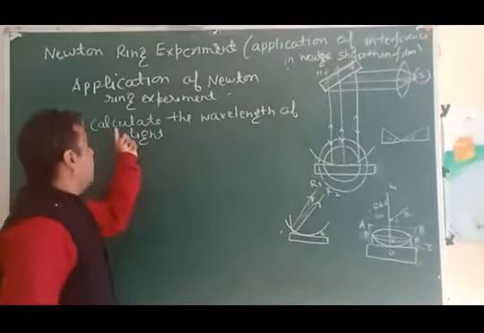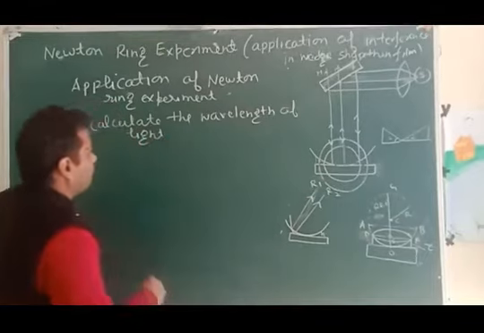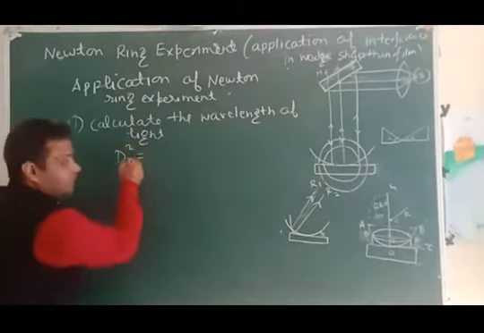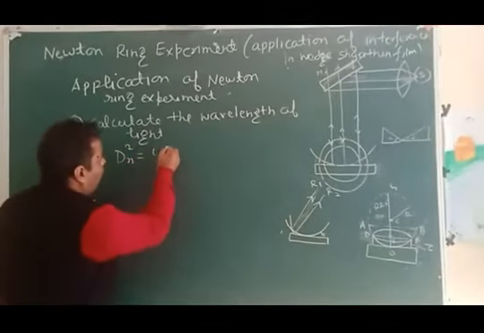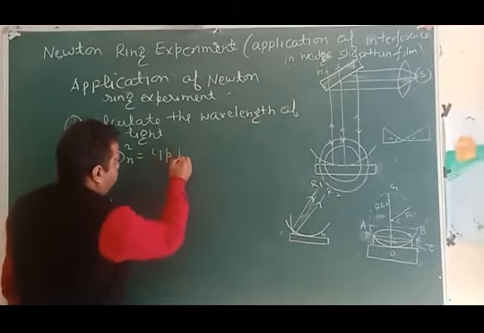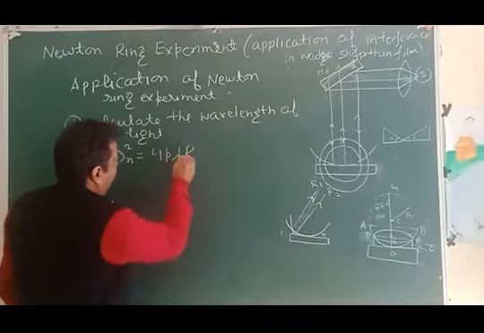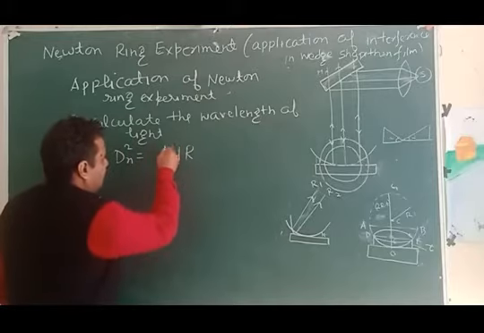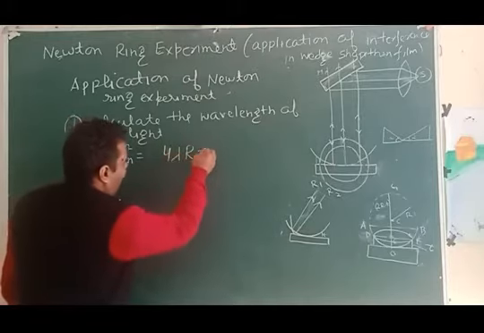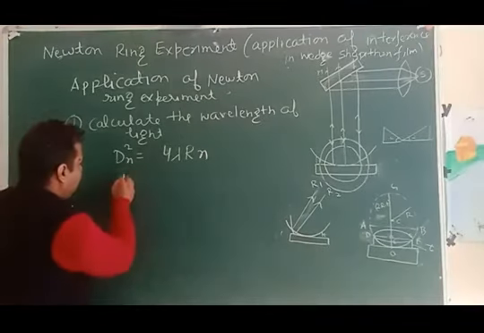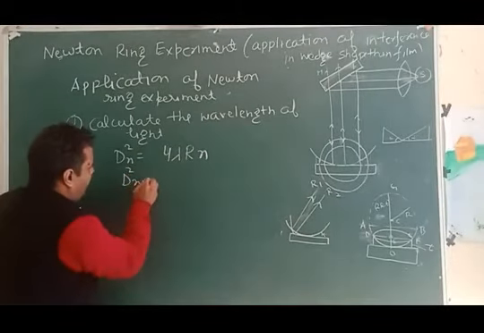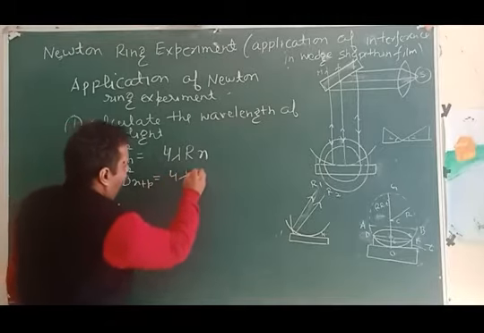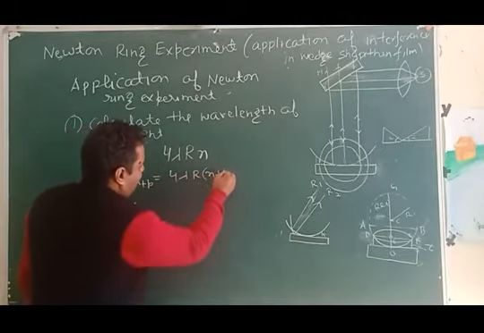Now we have calculated the wavelength of the light. Now the diameter of the nth dark fringe is 4 lambda r n. Understand? And the diameter of the n plus p ring is 4 lambda r n plus p.